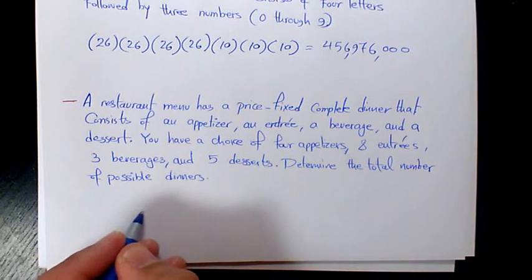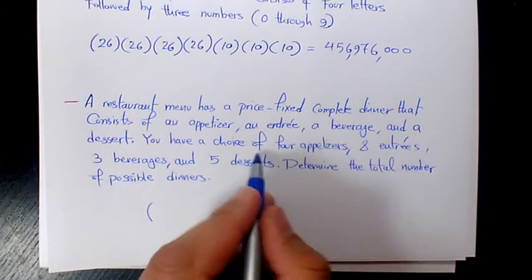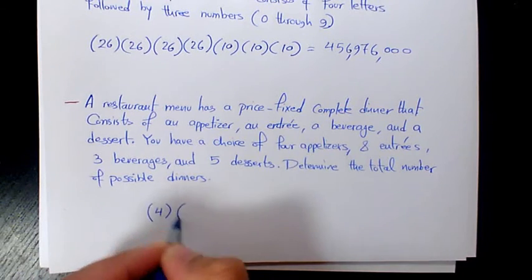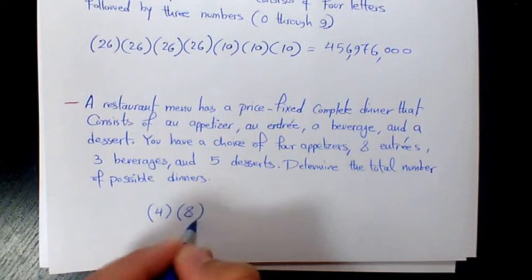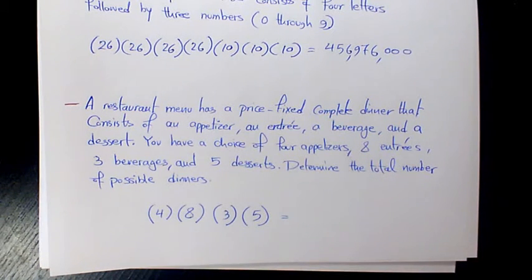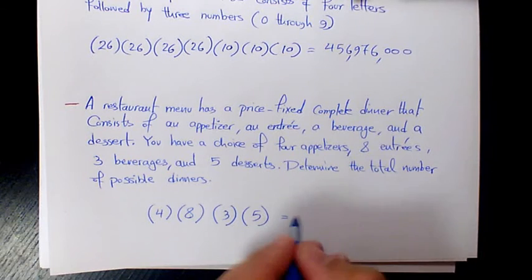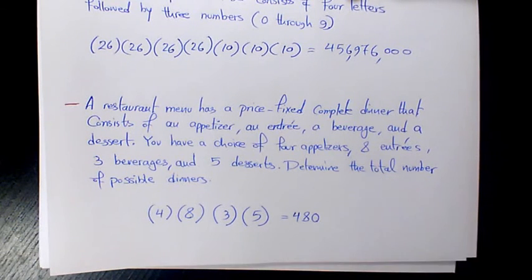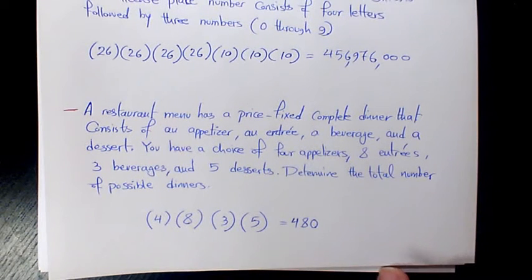It's going to be 4 appetizers times 8 entrees times 3 beverages times 5 desserts. You need to multiply all of them: 4 times 8 times 3 times 5. That's going to be 480 different possible dinners.